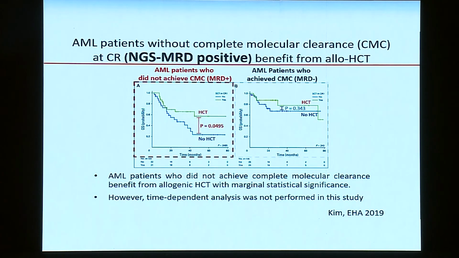In this slide, on this Kaplan-Meier, we can see the people who, for example, AML patients who didn't achieve complete molecular clearance, like MRD positive before transplant, their outcome will be worse. So AML patients who didn't achieve CMR benefit from allogeneic transplant, with marginal statistical significance. However, time-dependent analysis was not performed in this study.